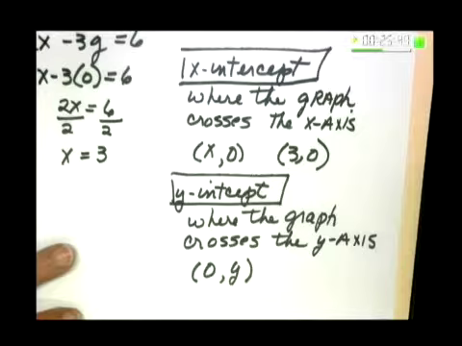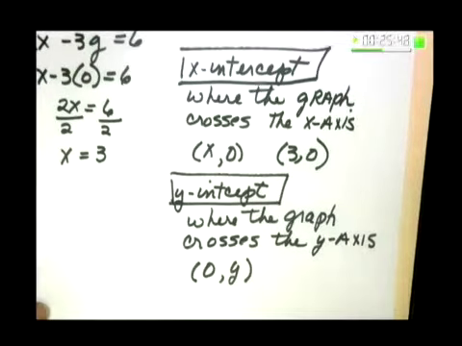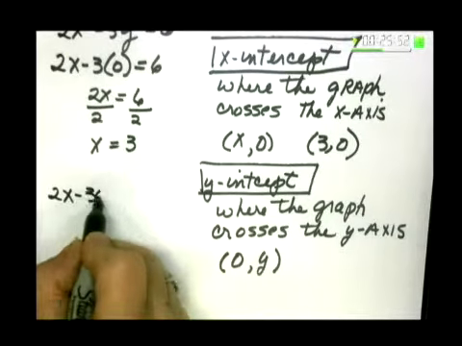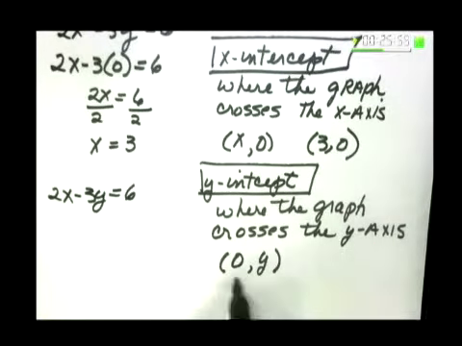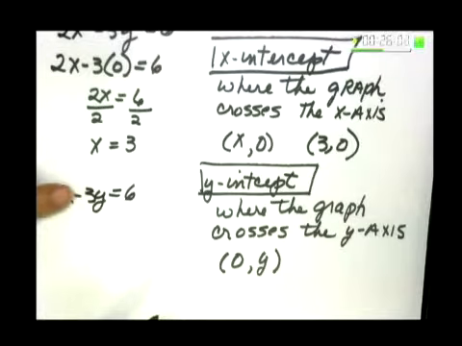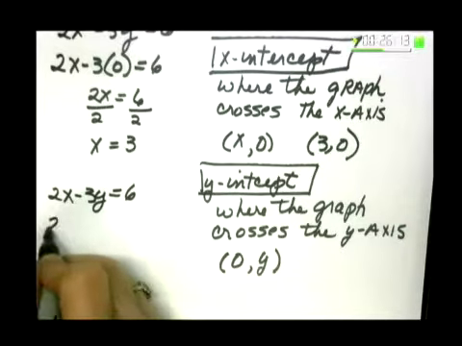One time I put in 0 for y, which gives me an x number, and I put in 0 for x, and I get a y number. So I'm going to take the same equation, 2x minus 3y equals 6, and this time I'm going to put in 0 for x. 2 times 0 is 0, so it eliminates that term, and it makes it a real simple equation. If x is 0, I really just have a minus 3y left, but I'm going to show you that.